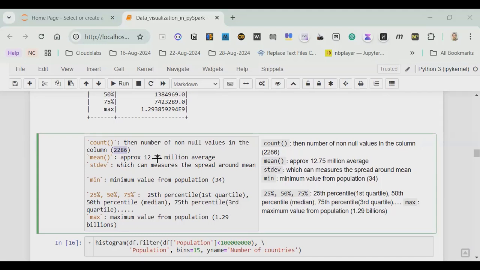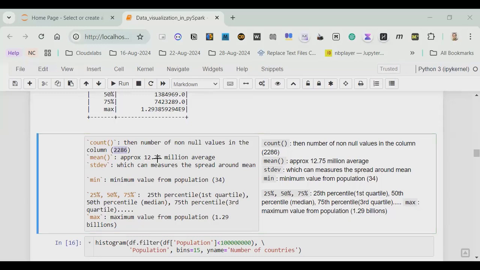But the large standard deviation suggests a wide range of population values, because when the standard deviation is large, the data is more spread out. The minimum population is 34, indicating a very small region, country or entity.